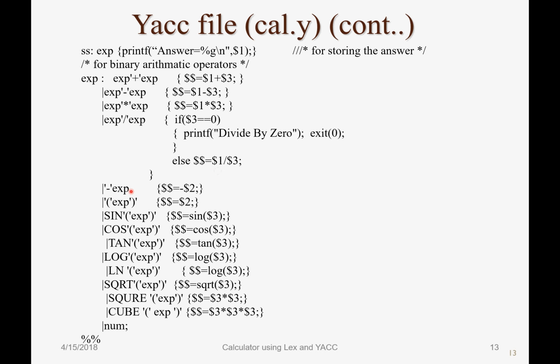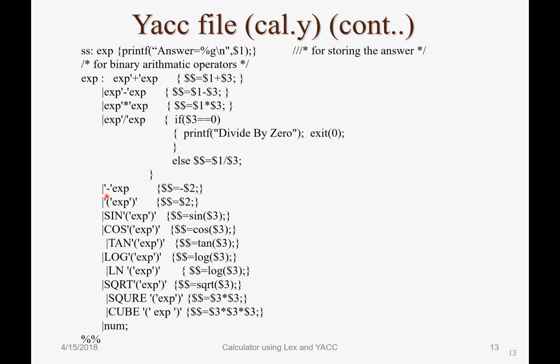Same here, if it is unary minus, then $$ = -$2. Why is it $2? Because this is representing $1. Same here, this is equal to $2. Again, this is $2 because this is $1 and this one is $3. That's why we wrote $2 directly.